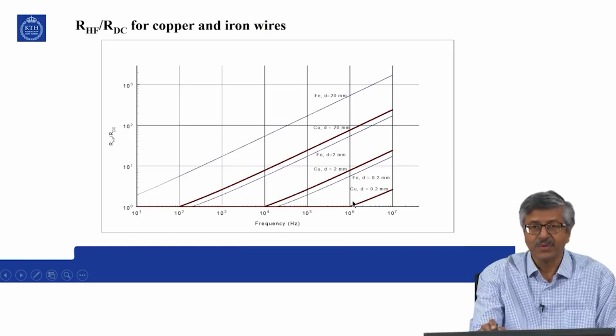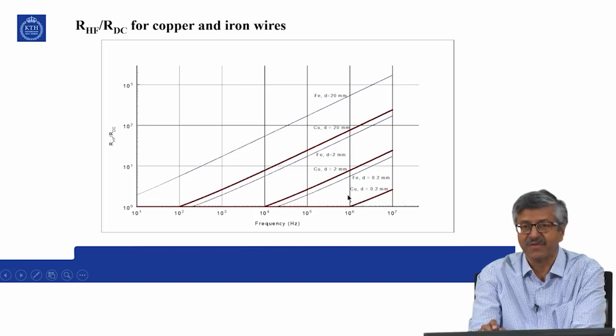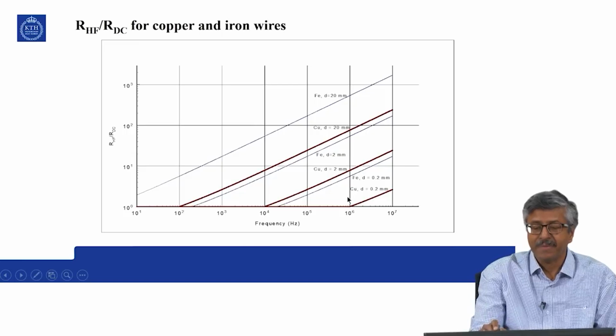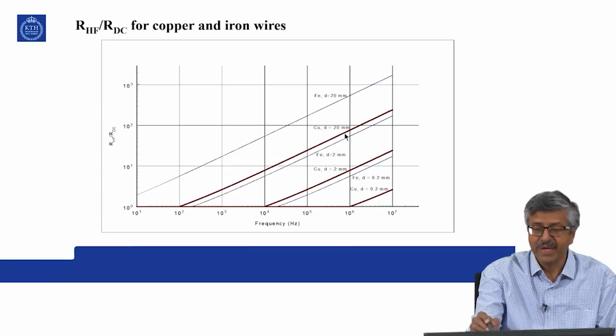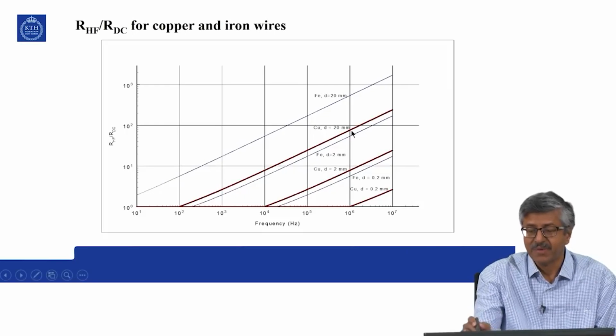Say you decide that you need a conductor with a cross sectional area equal to that of a 20 millimeter diameter copper wire, pi r squared.